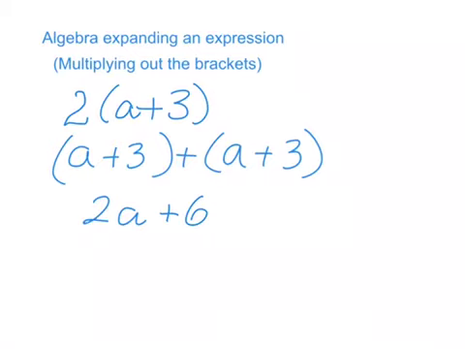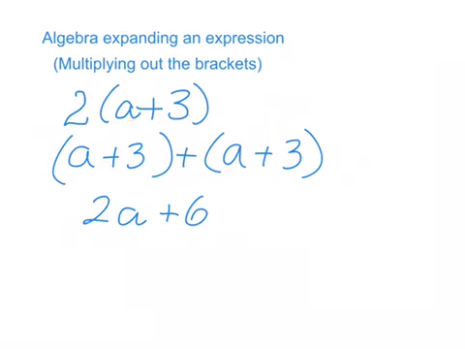So I could look at it like that to say, well, yes, I can see that I've got 2a plus 6 altogether. What we want to do, though, is we want to be able to do the expanding as quickly as possible and as efficiently as possible. So what we must notice, this 2 that's outside of the bracket needs to be applied to everything inside the bracket. So the first term inside the bracket is this a.